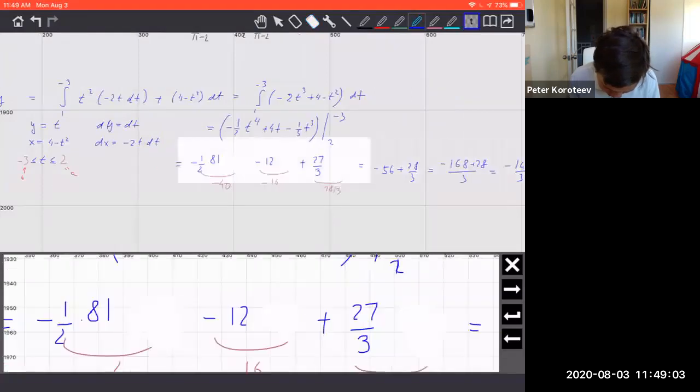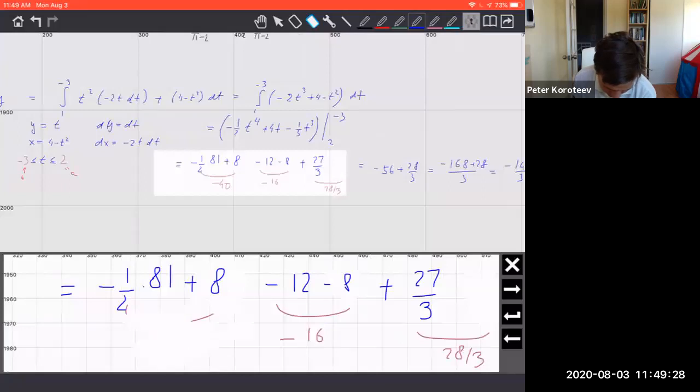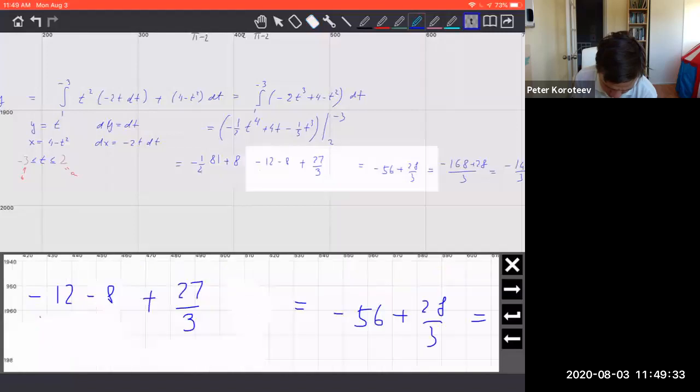So it's plus 8, right? So it's 16 over 2, and then it's minus 12 minus 8, and it's 27, plus 8/3.